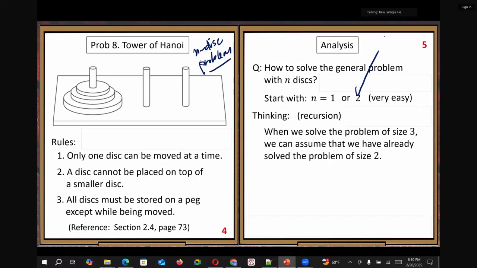The solution to the problem of size 2 is a stepping stone, a pretty good one, so we don't need to start from scratch. Can we use this relatively high stepping stone to reach our current solution? That's the question.